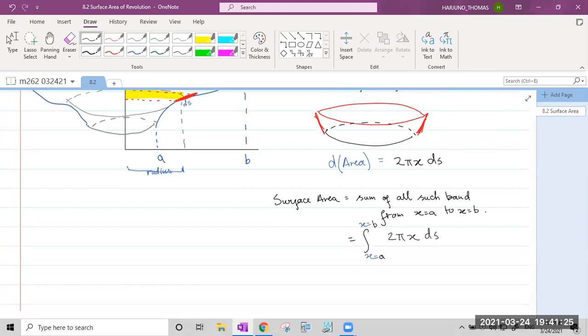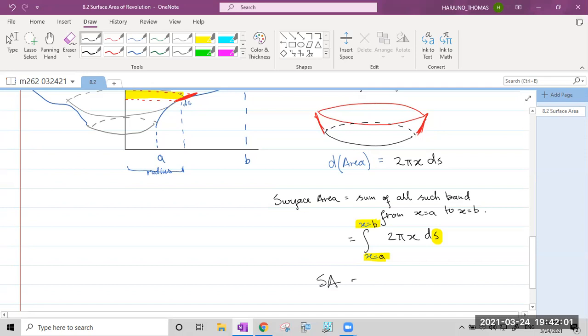Actually, some instructors allow you to use this notation, where the variable of integration is not x but the limits of integration are in terms of x, as long as you write x equals A, x equals B here. Some instructors allow you to do that. How about you yourself, Thomas? I'm okay, I don't mind. But it's definitely not A only or B only while the variable of integration is s. Okay, now let me continue.